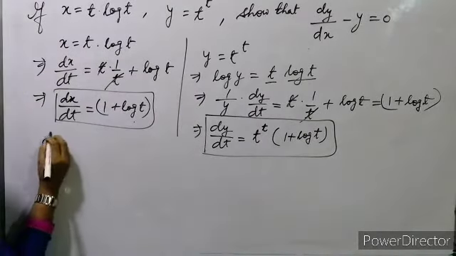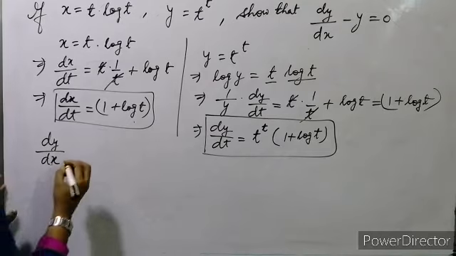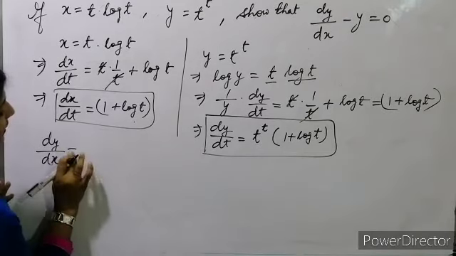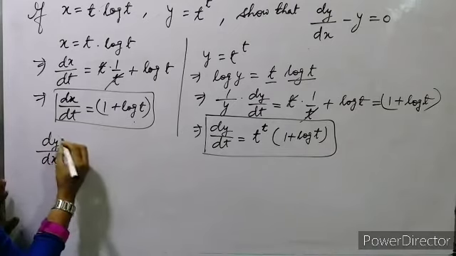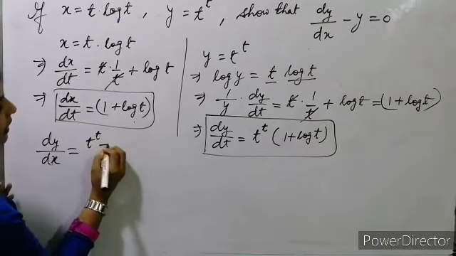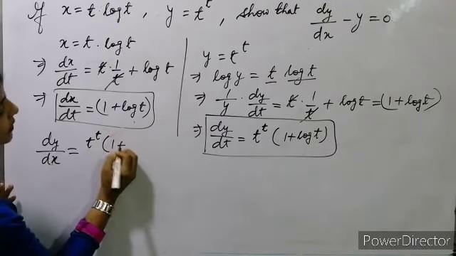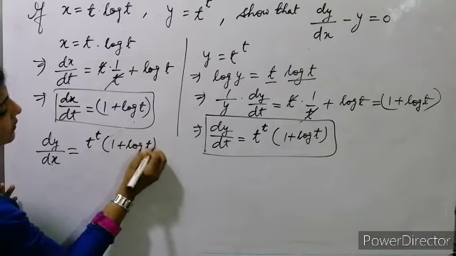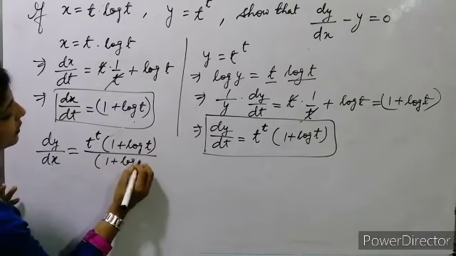Now what we have to do? dy upon dx minus y. Let's first find out dy upon dx. So dy upon dx will be t to the power t into 1 plus log t divided by 1 plus log t.